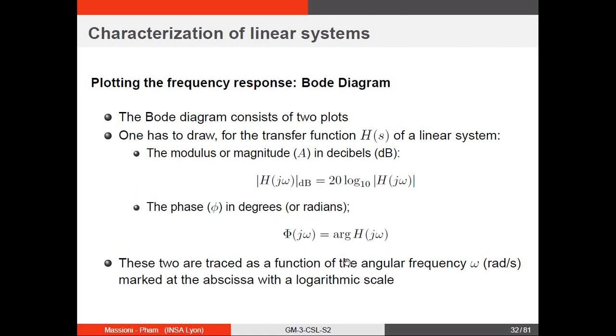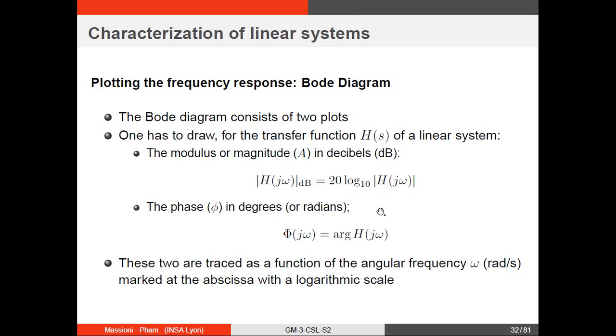The phase is simple. You just plot the argument of h of j omega as a function of omega, usually in degrees. The modulus is traditionally written in a strange unit called decibel, which is 20 times the logarithm base 10 of the modulus of h of j omega.